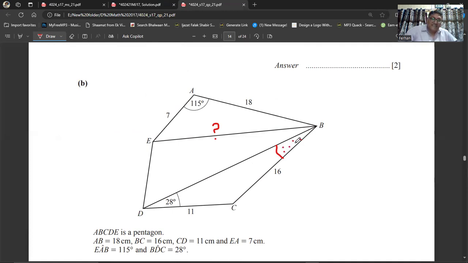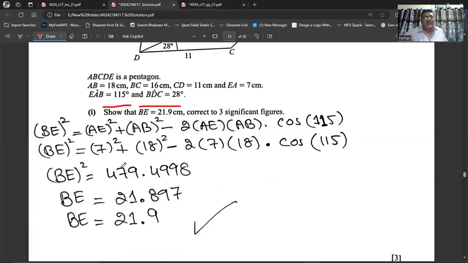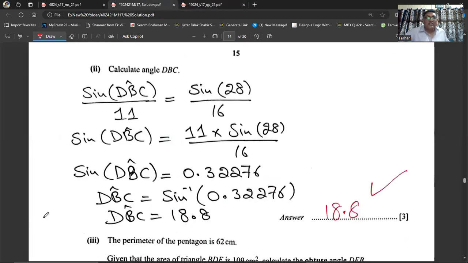So this is the classical case for the sine rule. So I'm going to apply the sine rule here. Sine of DBC divided by 11 is equal to sine of 28 divided by 16.